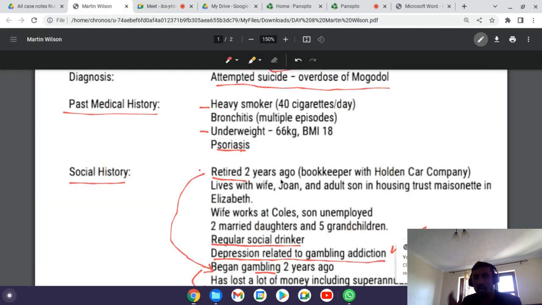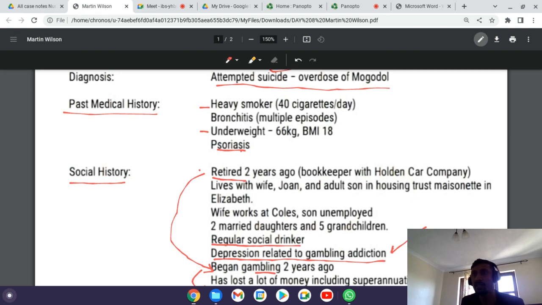Okay, so the patient had an attempted suicide, an overdose of Mogadol. That is the diagnosis in this case. So why the suicide attempt? Because of depression related to gambling addiction, which started after his retirement, and he lost all his superannuation funds, and he is in debt.